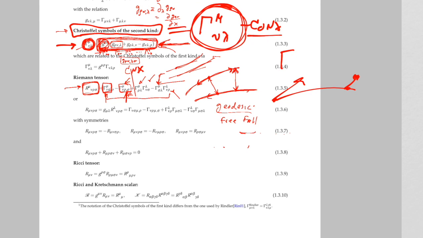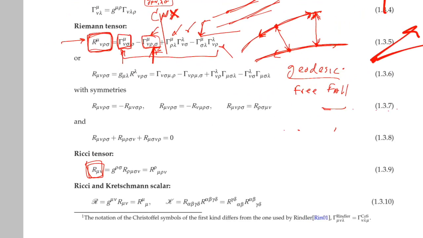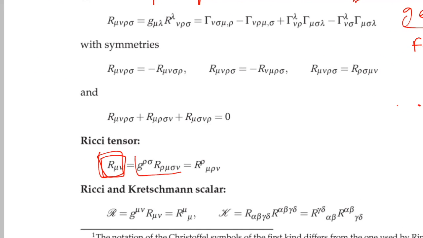Then you have other things that you can build out of the metric. You can build the Ricci tensor, which is an important part of the Einstein equation. That's an actual tensor. So this is actually raising and lowering. Well, this is contraction, right? You're contracting on rho and you're contracting on sigma.